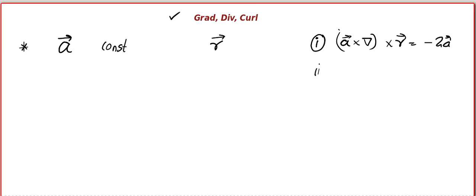And the second question that I saw in some other question papers was del cross (A cross R) is equal to 2A. So this is the first question that we are trying to prove.